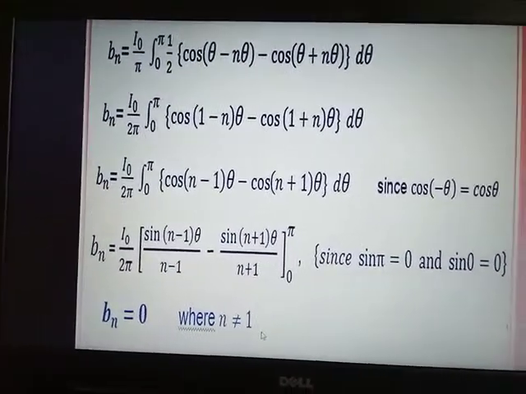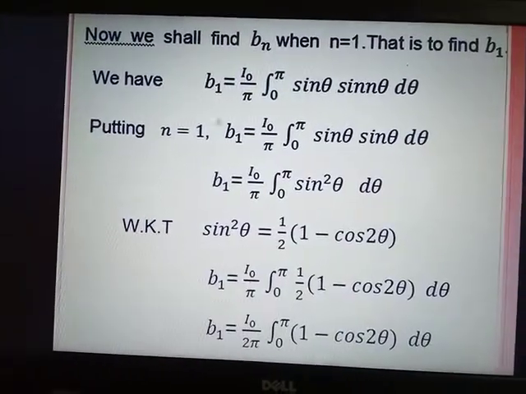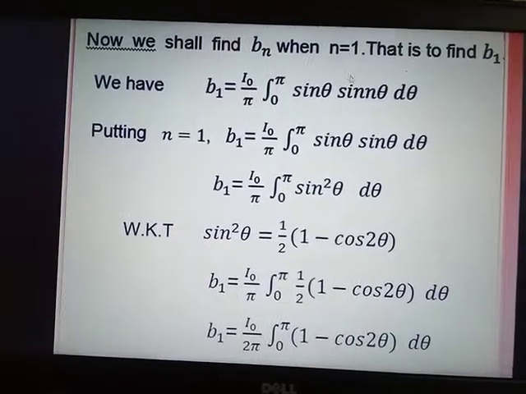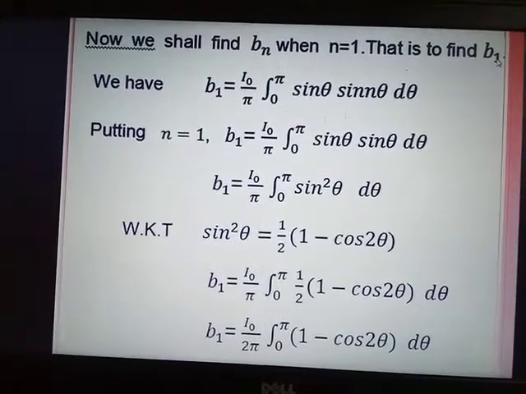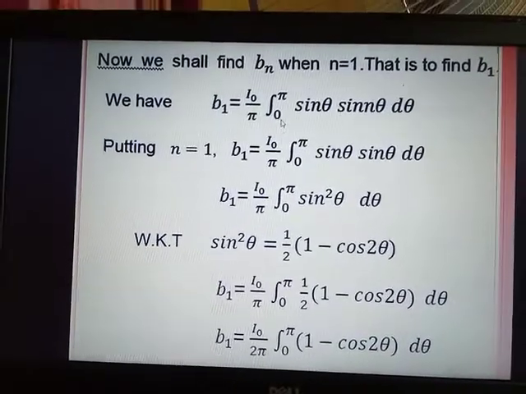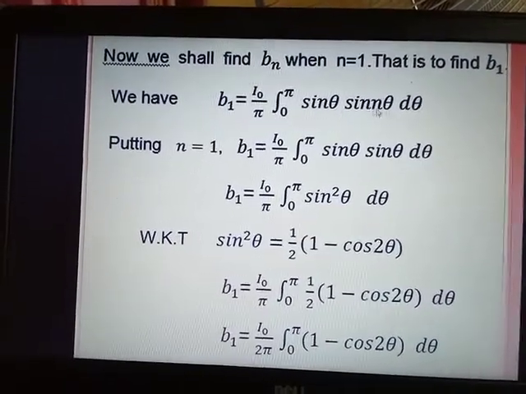Here n is not equal to 1, we have to find the B1 value. Now we shall find Bn when n is equal to 1, that is to find B1. We have B1 is equal to I naught by pi integration from 0 to pi sin theta sin n theta d theta.